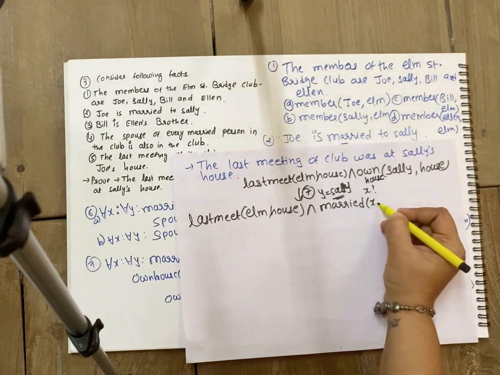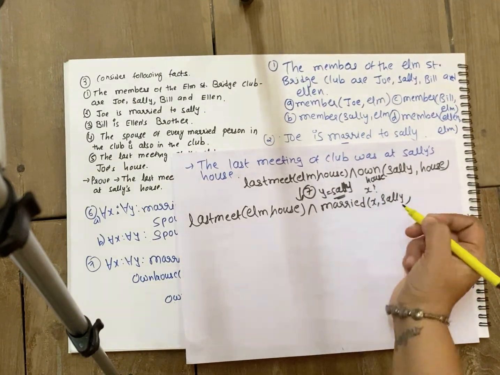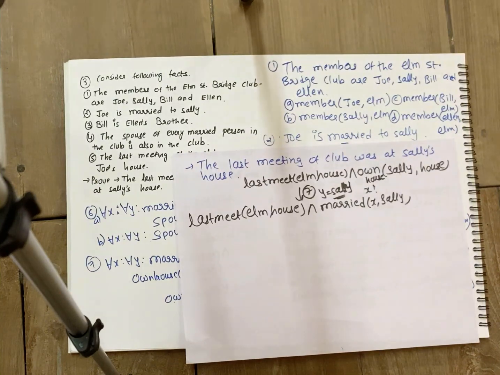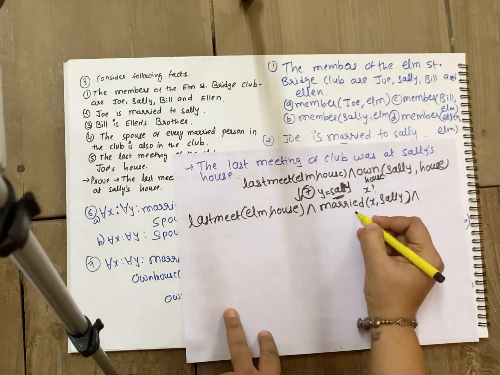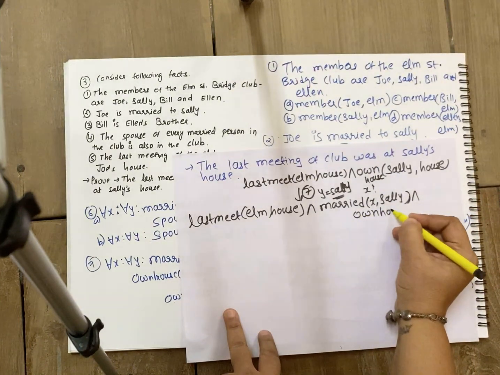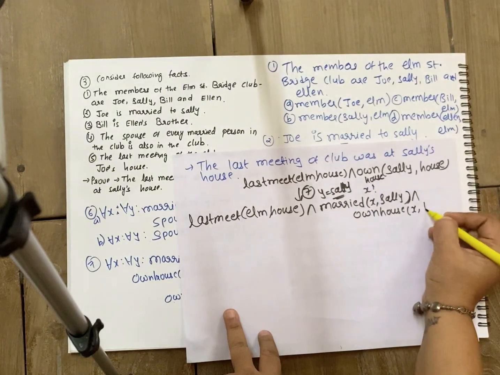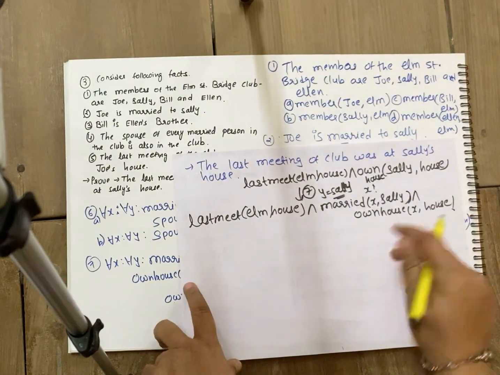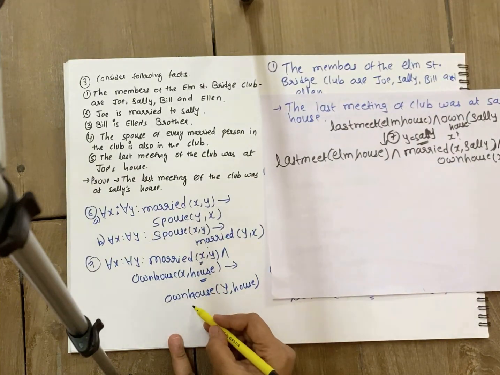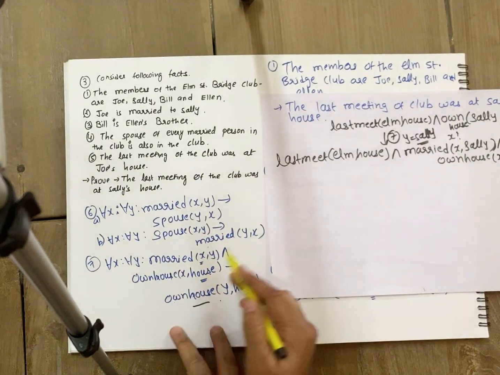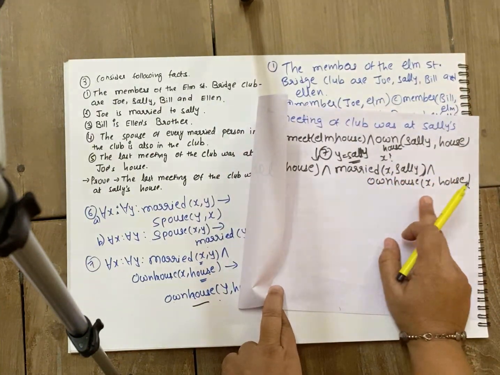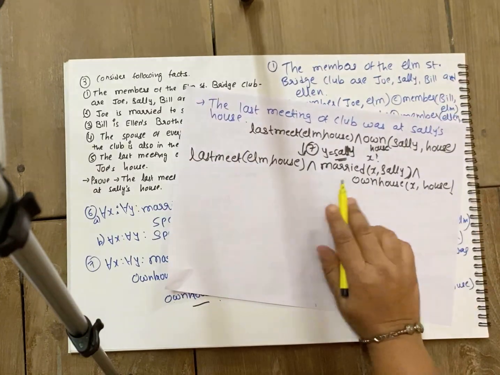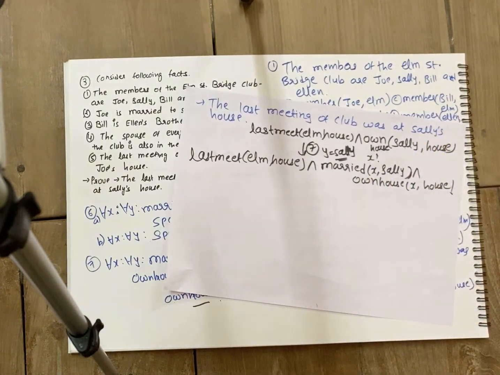So married X comma Sally, and own house X comma house. So what I have done, simply whatever we have available, this right hand side of the 7 I have replaced by the entire left hand side. So that is what we have over here, married X comma Sally, own house X comma house. So X is remaining as it is and Y is replaced by Sally. That is what we have done over here.